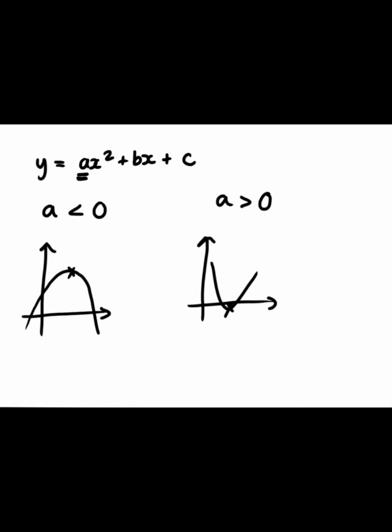Right, let's continue. Sometimes it's not as simple as an x squared term. Sometimes you've got a cubic graph, meaning something that looks like y equals ax cubed plus bx squared plus cx plus d. Sorry, I said cubed and I wrote squared.